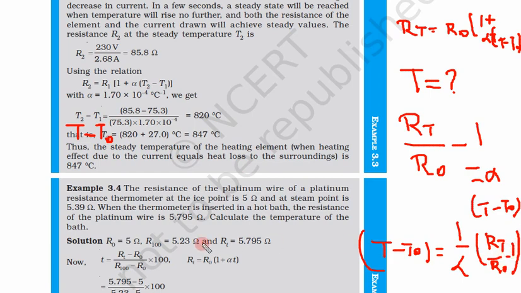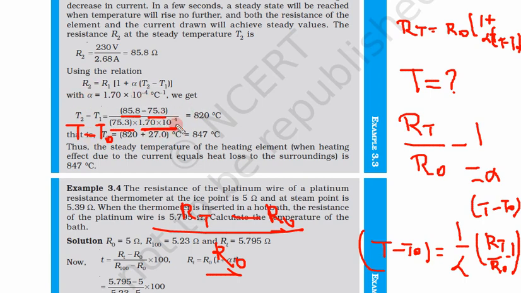If you take LCM, it is RT minus R0 divided by R0. RT is 85.8 that we have calculated, minus 75.3 R0, divided by R0 75.3, and this is multiplied by 1 upon alpha, where alpha is given as 1.70 into 10 to the power minus 4.